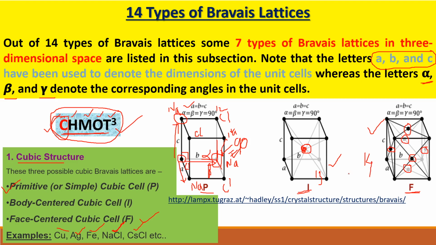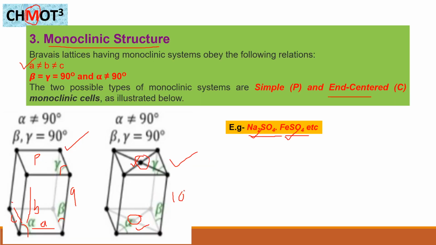It means that there are a total of 14 types of Bravais lattice. Inside the cubic structure there are 3 possible Bravais lattices. Inside the hexagonal only one.